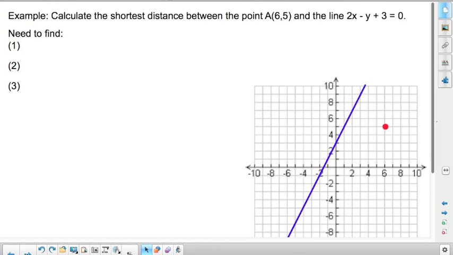That line is given by the blue line here. So, let's finish writing first. The diagram is there to help you visualize. It is not necessary for you to actually solve the problem.